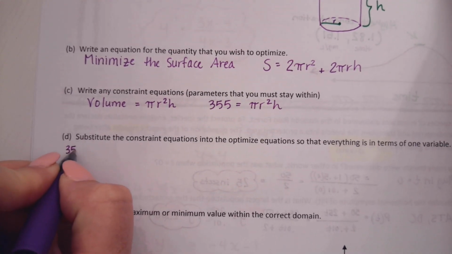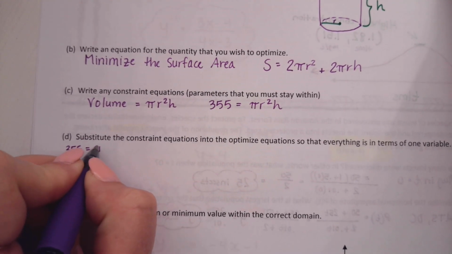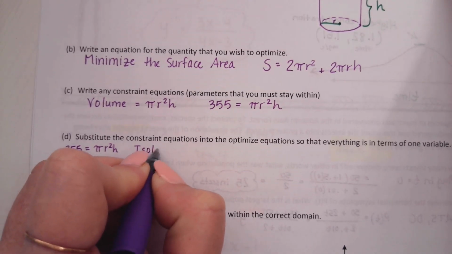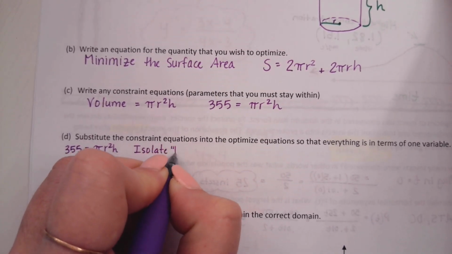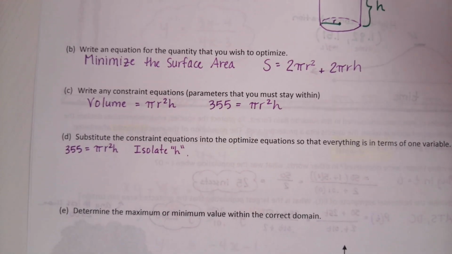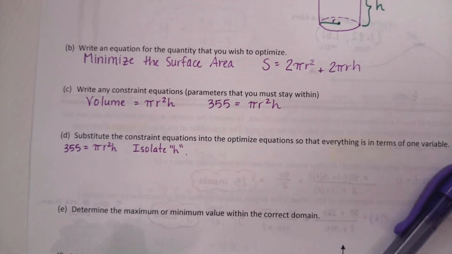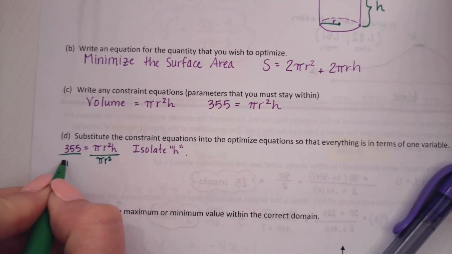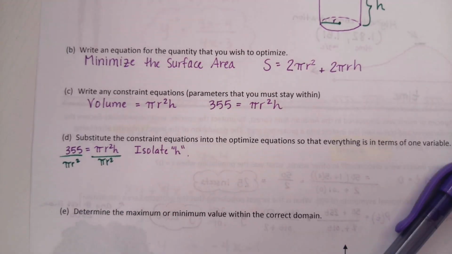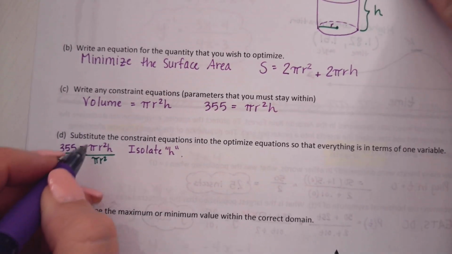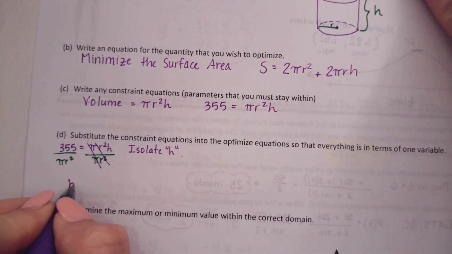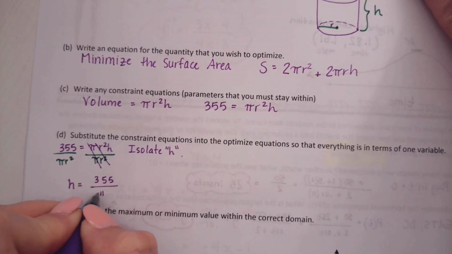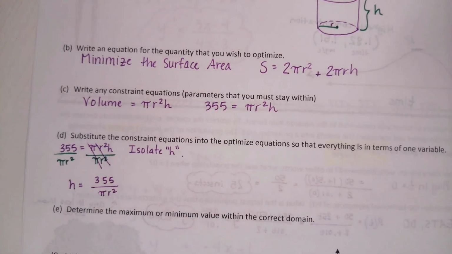So if I have 355 equals pi r squared h, I want to isolate the h so that I can substitute it. How do we isolate h? Divide by pi r squared. Yep. So these are going to cancel, and I'm going to get h equals 355 over pi r squared.